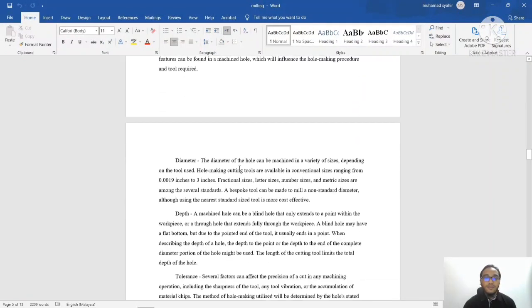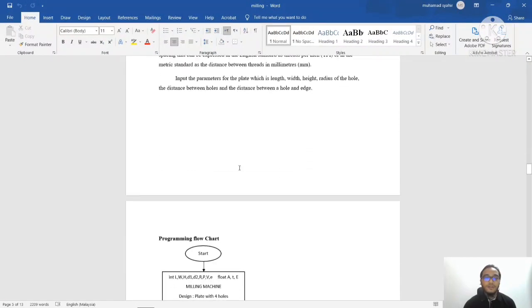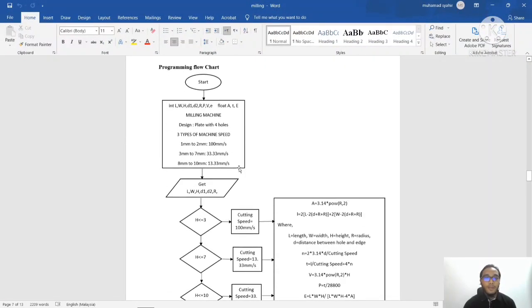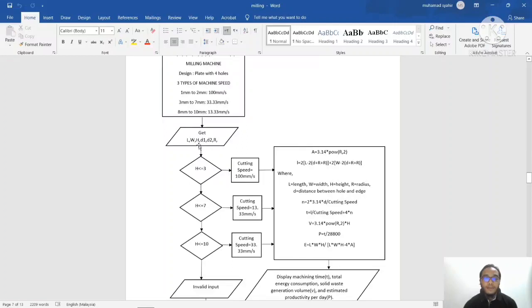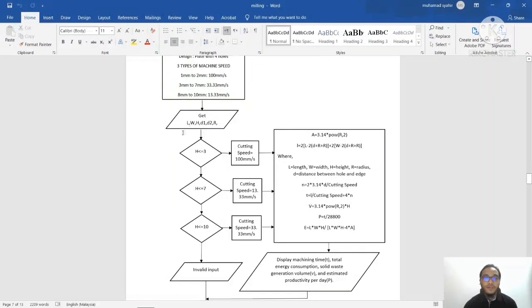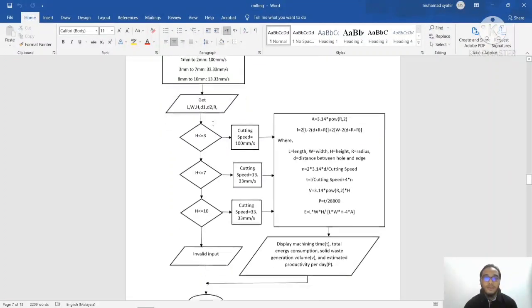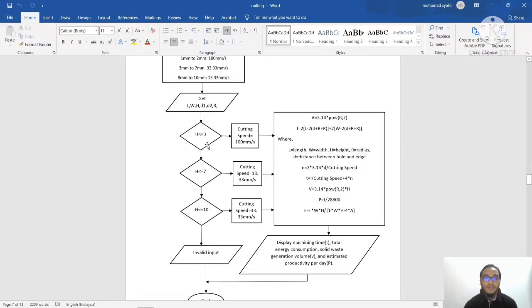So I think moving on to the flow chart. This is the flow chart for the process. We start the program and we put the constant here, and this is for asking the question from the user, and this is the limit or condition.